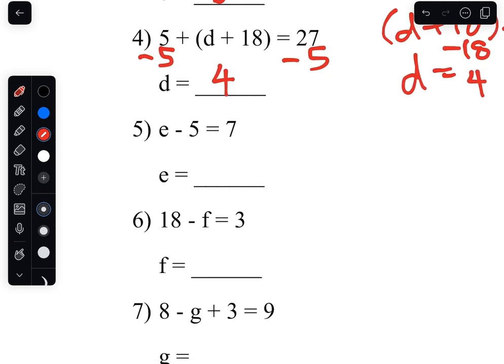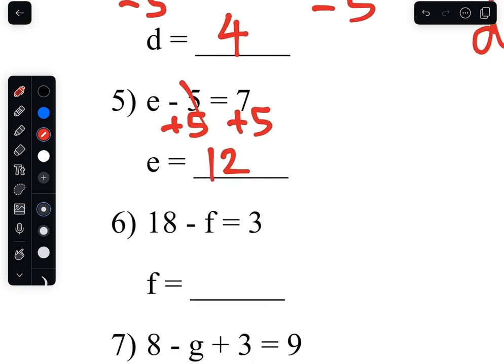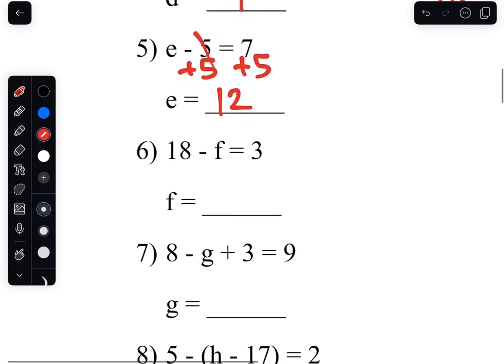Number 5, e minus 5 is equal to 7, and we're trying to find e. Since we're trying to cancel out the 5, you have to add 5 to both sides. So the 5 cancels out, and we're just left with e is equal to 7 plus 5, which is 12. So e is equal to 12.